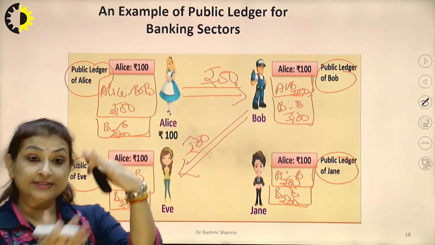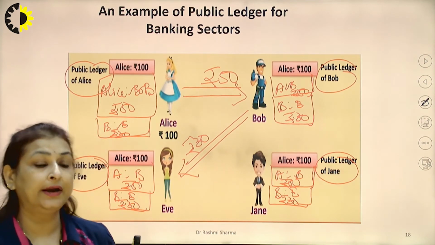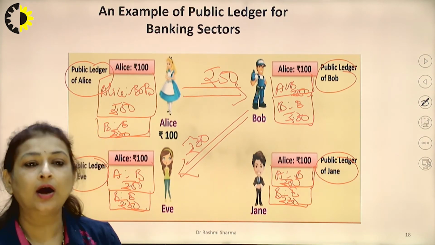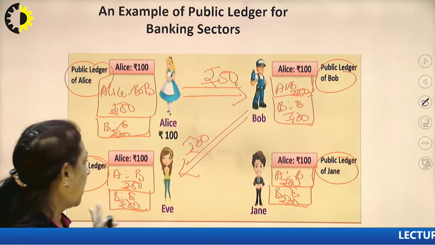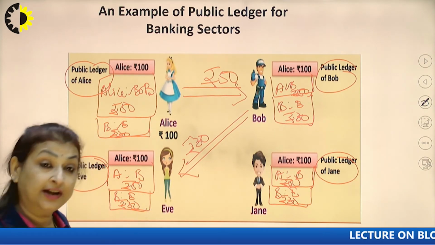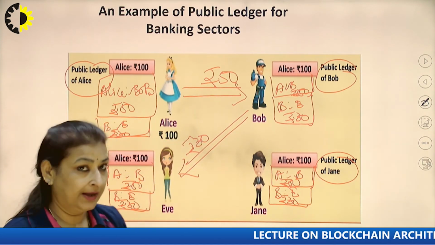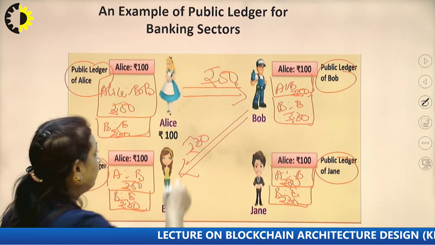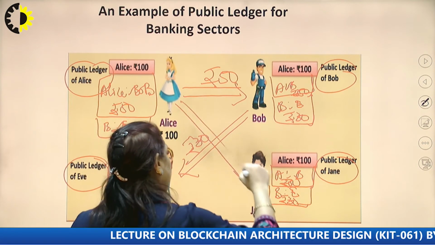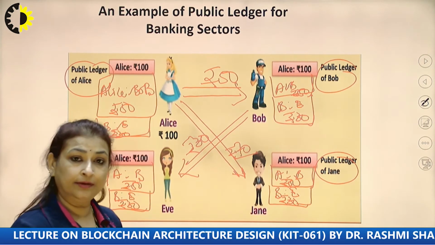So see, the size of the public ledger is increasing, and we are only adding the successful transactions. Now Eve has 30 rupees and Bob is left with 50 minus 30, that is 20 rupees. Alice has 50 rupees. Now again Alice says that she wants to transfer rupees 70 to Jane.